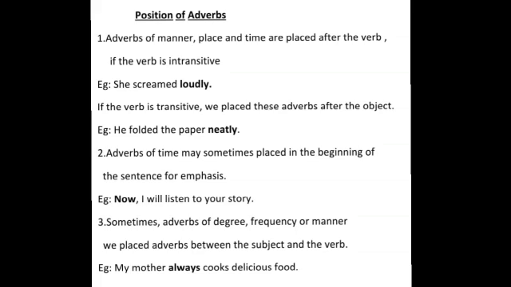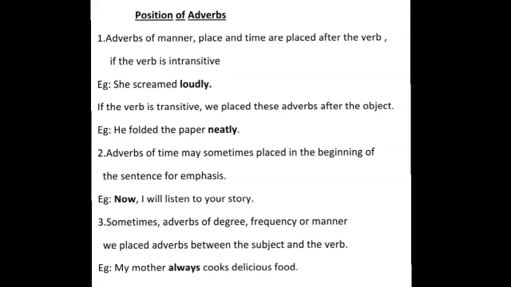Then the third type, sometimes adverbs of time may be placed in the beginning of the sentence for emphasis. Look at the example. Now I will listen to your story. Now it shows emphasis.